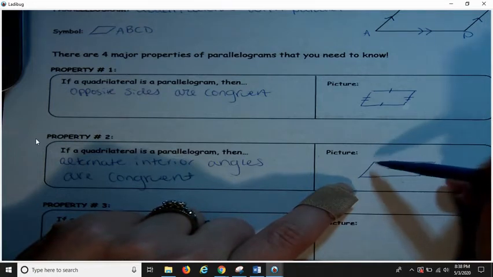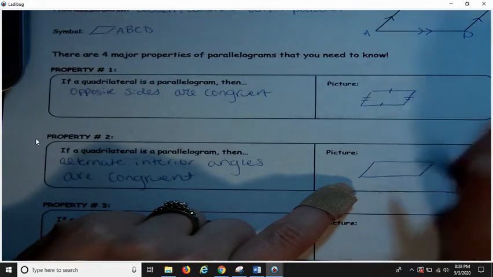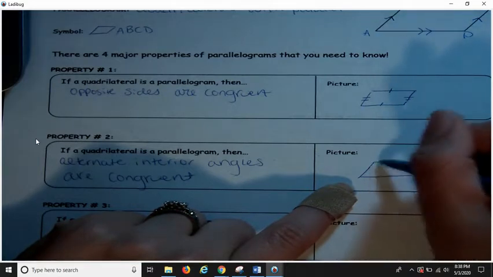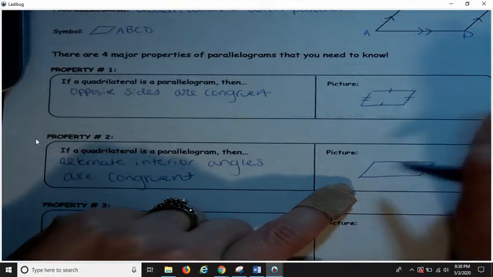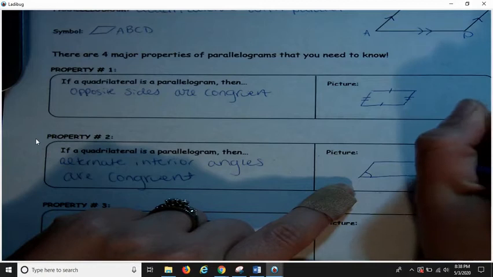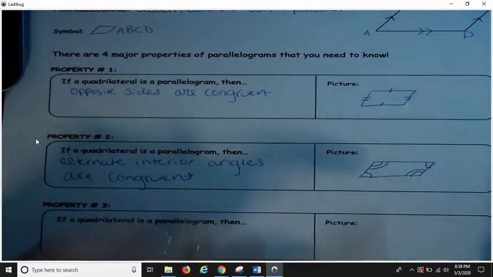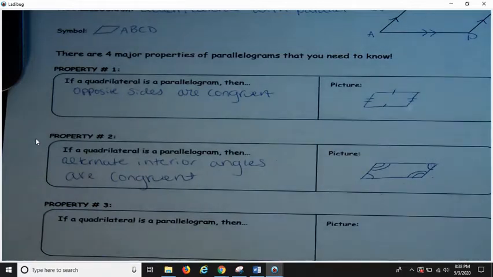Alternate interior means the opposite side on the parallel lines, and interior means inside of the parallel lines. So this angle is congruent to this angle, and this angle is congruent to that angle. The ones across from each other are congruent.